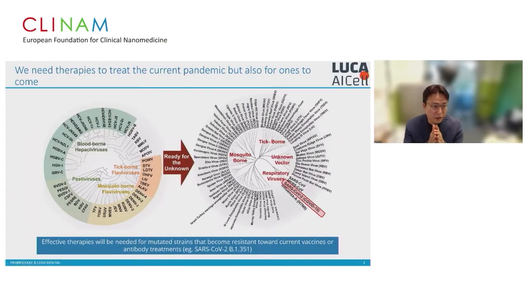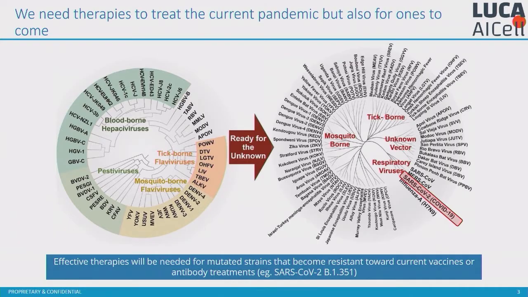As you see in the current view of viral infection and pandemics, including COVID-19, this mapping shows only a small fraction of the viruses we have identified and are focusing on, which are HCV, dengue, chikungunya, JEV, and so forth. But if you open up the mapping, there is a lot that is unknown and emerging, and it is going to come again. So we need to prepare for unknown unknowns.